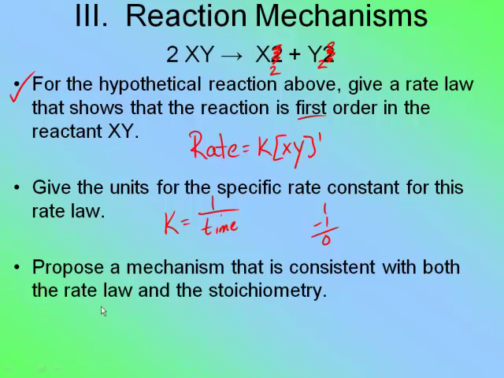So here's a simple mechanism. XY yields X plus Y. XY plus X plus Y yields X2 plus Y2.